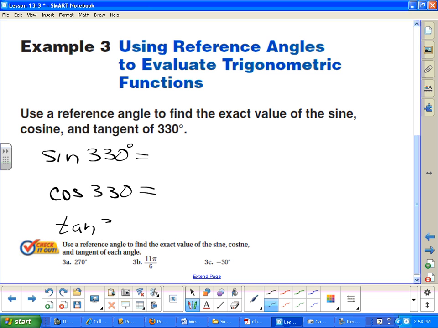Tangent of 330 degrees, what does it equal? I just look at my unit circle, find 330. Sine's negative 1/2. Cosine's positive square root of 3 over 2. Tangent's negative square root of 3 over 3.